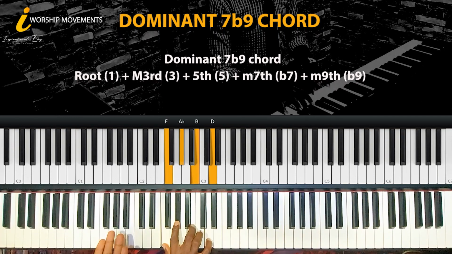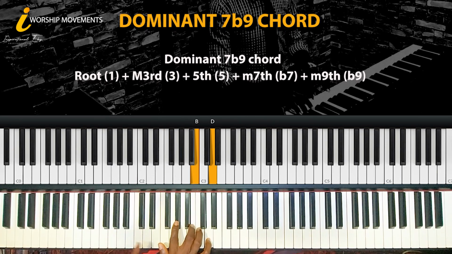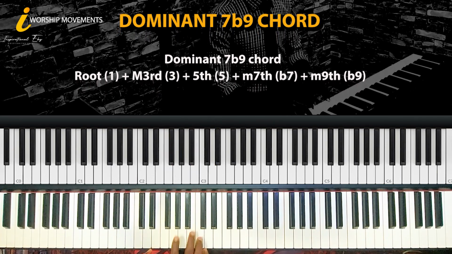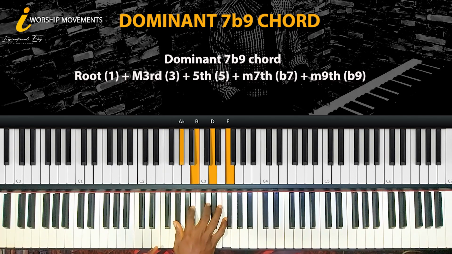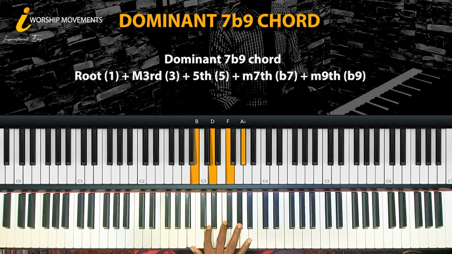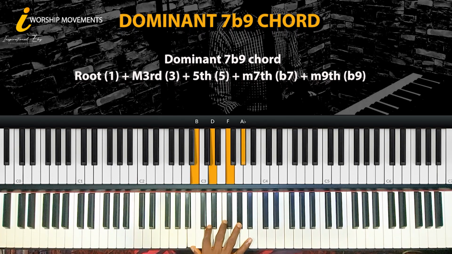So this is that fingering, the thumb, the index, the middle, and the pinky. Same fingering with the first inversion, but in the second inversion there's a change. I play it like this, right?